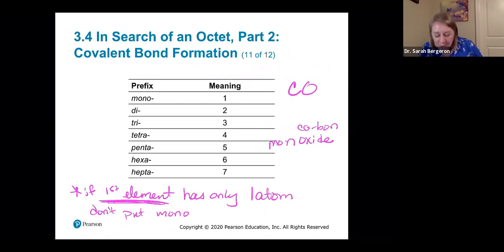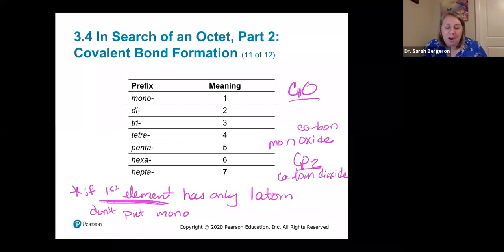So CO is carbon monoxide. CO2 is carbon dioxide. But this carbon only has one, so we don't say monocarbon monoxide. We just say carbon monoxide. So if you just say the name, it's assumed that there's only one there. It's kind of like not writing the one in the formula.